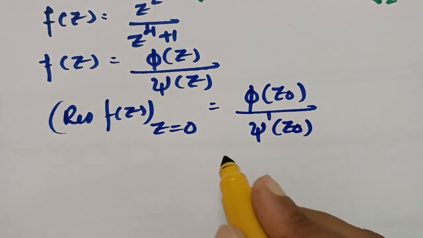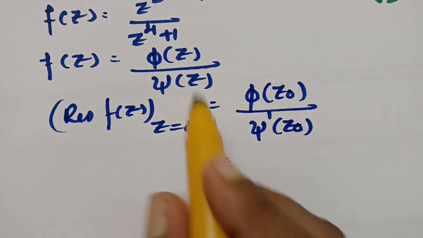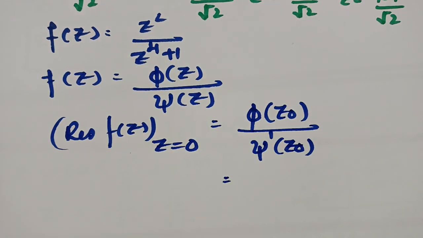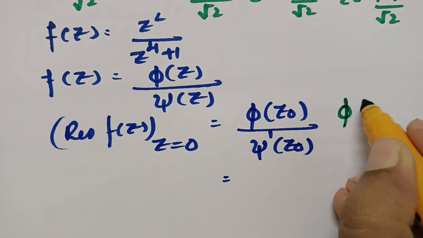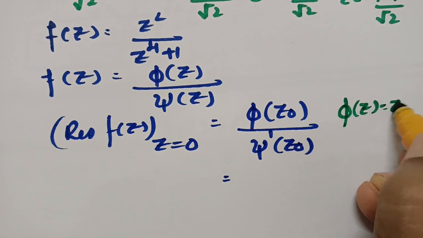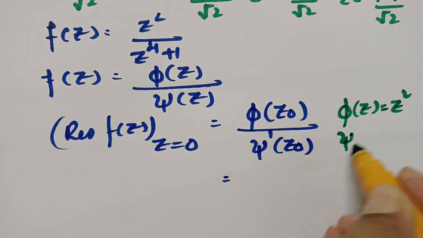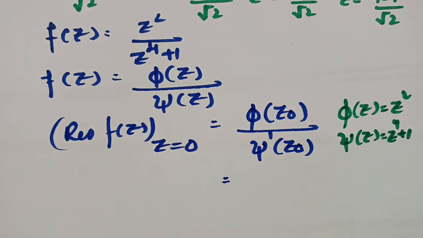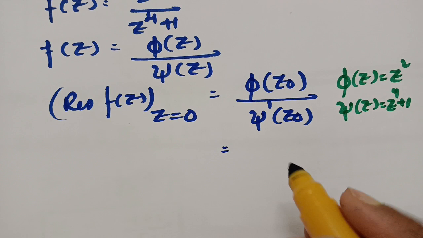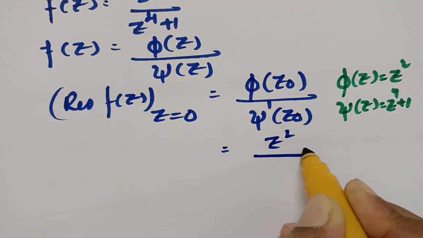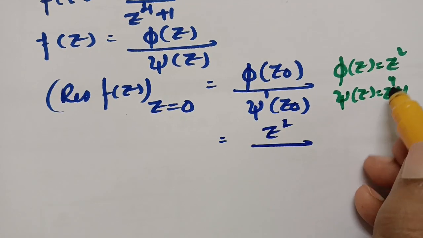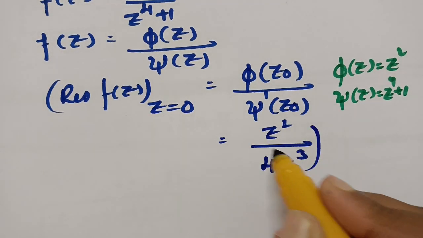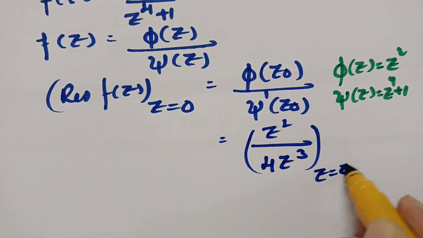So what is phi of z first of all? Phi of z is the numerator, z square, and psi of z is z power 4 plus 1. So first I'm writing the numerator as z square, and taking the derivative of the denominator. For z power 4, this will be 4 z cube, and we have to put z is equal to z naught here.